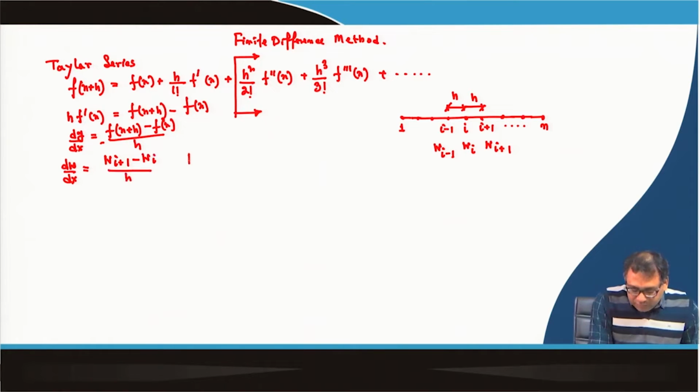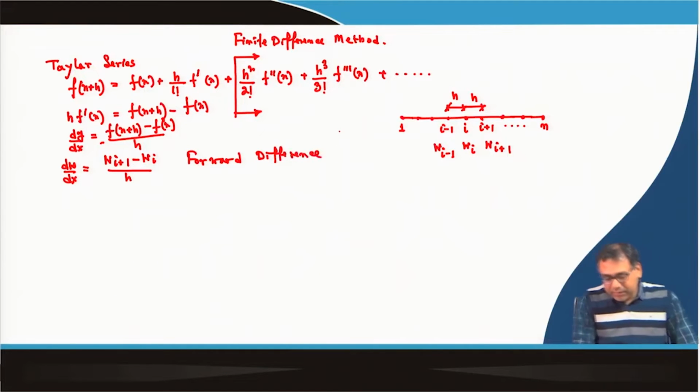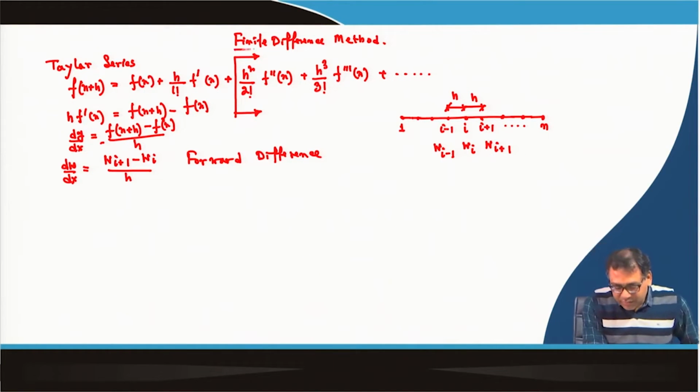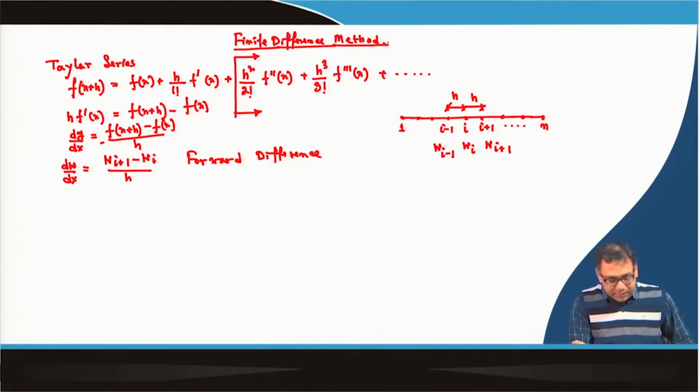This is called the forward difference scheme, because here we are going in the forward direction. This way I can write dw/dx in finite difference form.